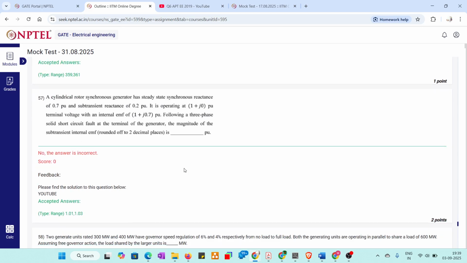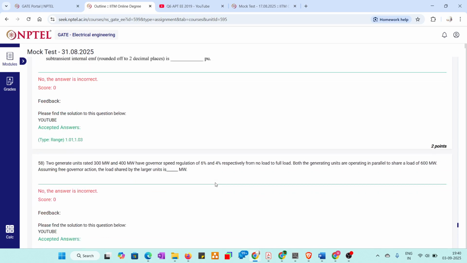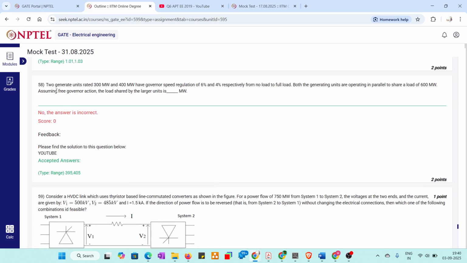Okay, next, cylindrical rotor synchronous generator steady state synchronous reactance. So you can see the questions, and how in depth they are. Okay, so when you are preparing, you must prepare in depth for GATE. We need to identify which subject and which topic a question belongs to. That is the main thing while preparing. So here we can see power system analysis based question.